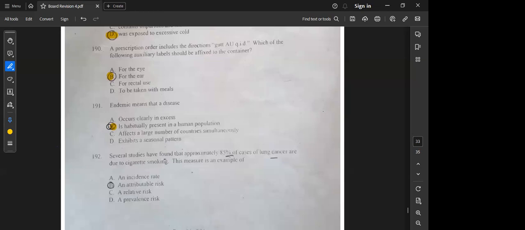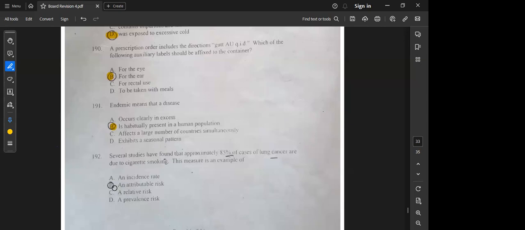Okay. Several studies have found that approximately 85% of cases of lung cancer are due to cigarette smoking. This measure is an example of. Someone is asking, is cancer a pandemic or an epidemic? I think it's a pandemic because it's all around the globe, but I'm not sure. Anybody with a different answer?